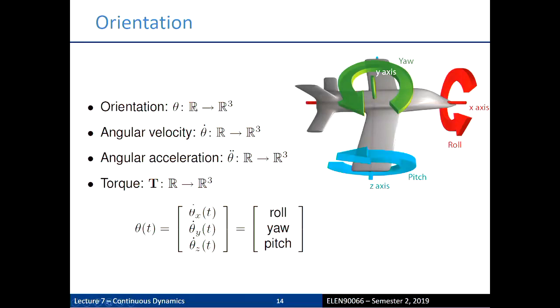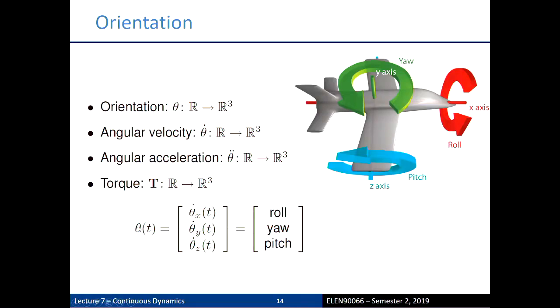Then the derivative of that, which is the angular velocity, and the double derivative, which is the angular acceleration. Lastly, torque. I've just realised there's a typo here. Torque maps in 3 dimensions as well, and it's the force about rotating something.